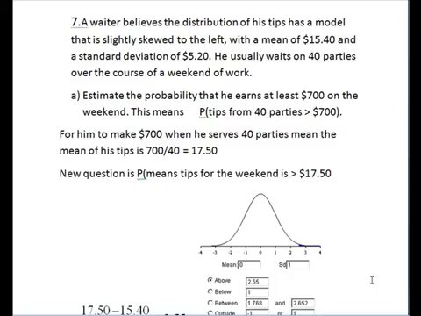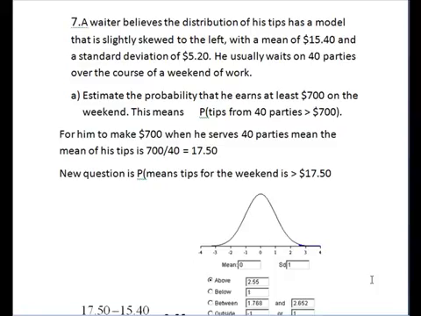So for him to make $700 when he serves 40 parties, if we divide 700 by 40, that means that the average or mean tip per party must be $17.50.